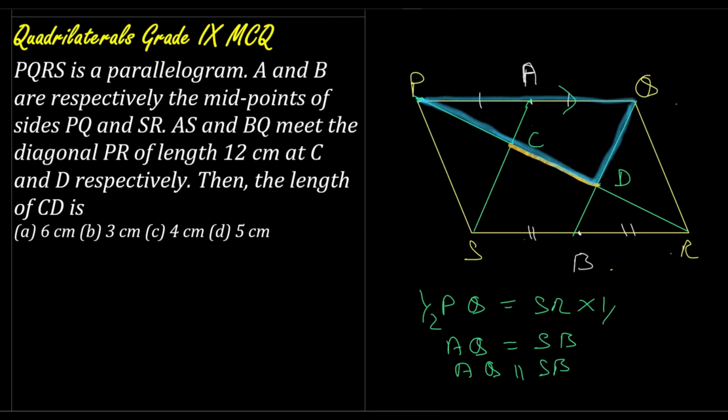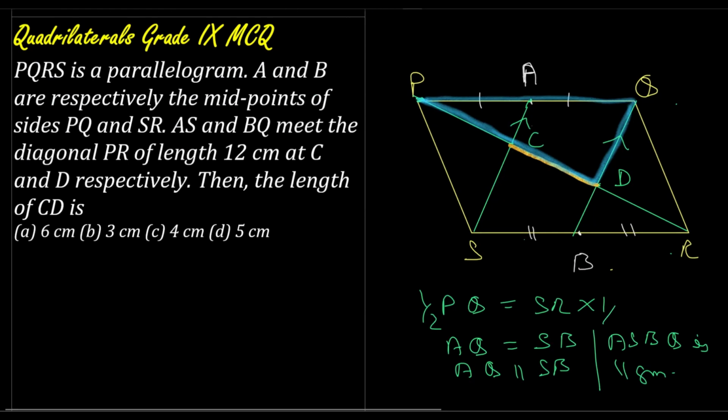So I can say that this should be a parallelogram. That is, ASBQ is a parallelogram. Now once it is a parallelogram, we can write these two lines as parallel. So therefore, we can now apply the converse of midpoint.